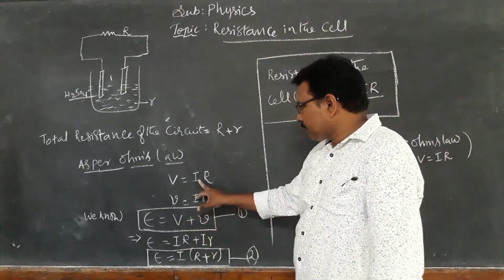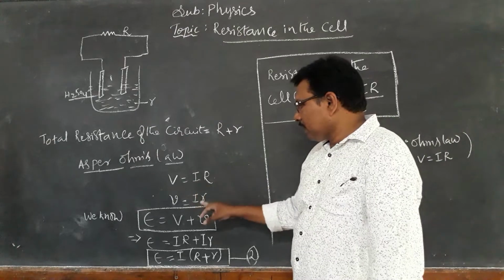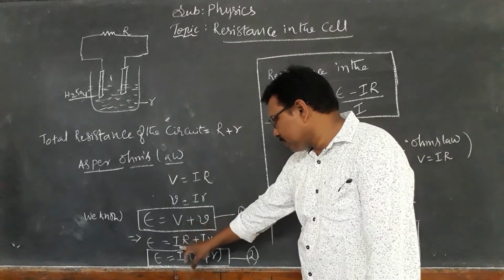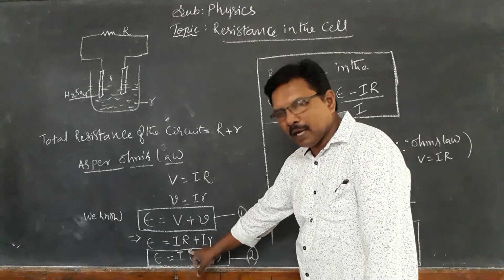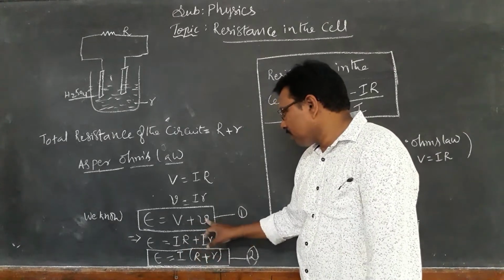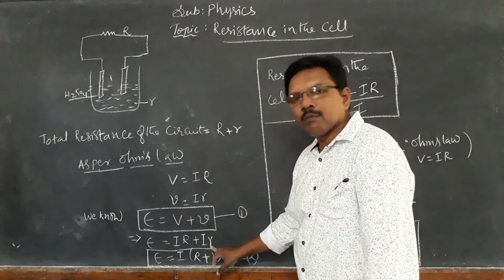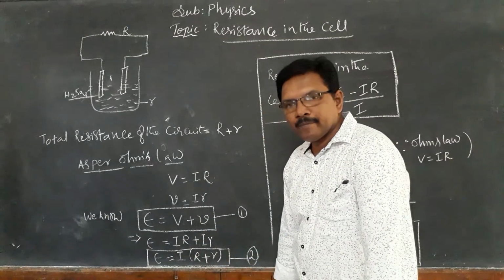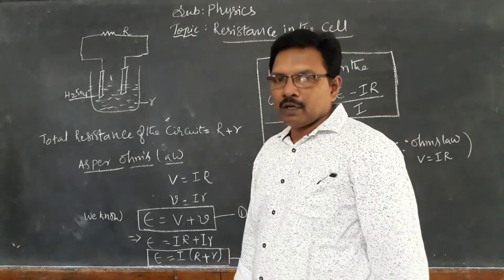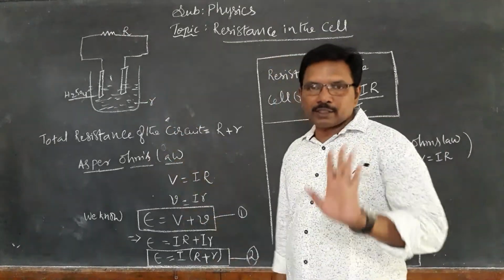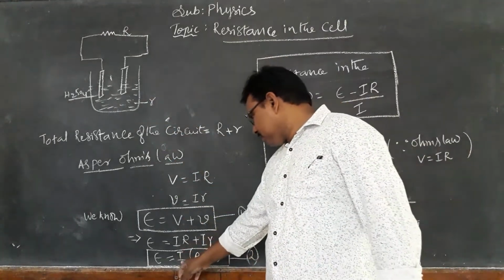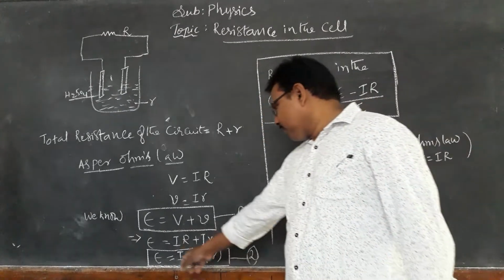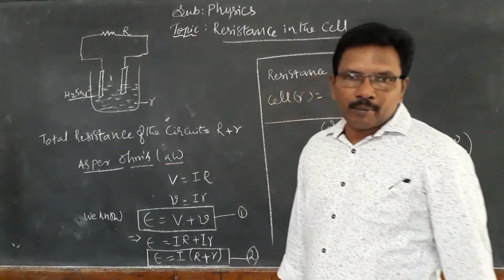We know as per Ohm's law V is equal to IR. So capital V is I into capital R plus small v, I into small r. Now I is common. Throughout the circuit current is the same. Then we get I into R plus small r.